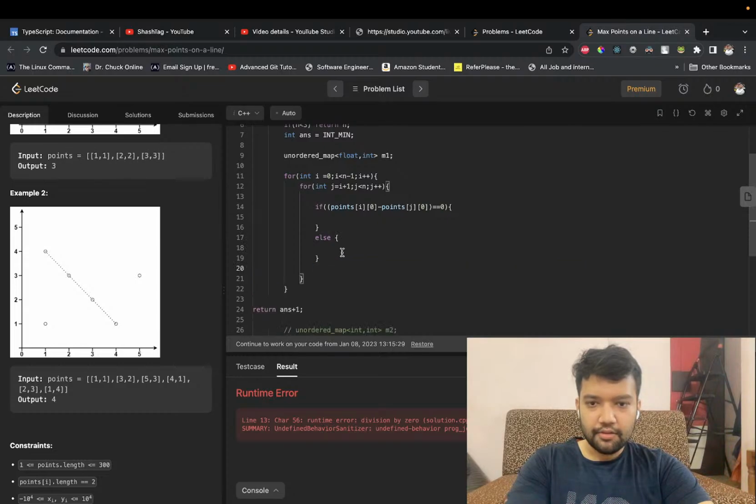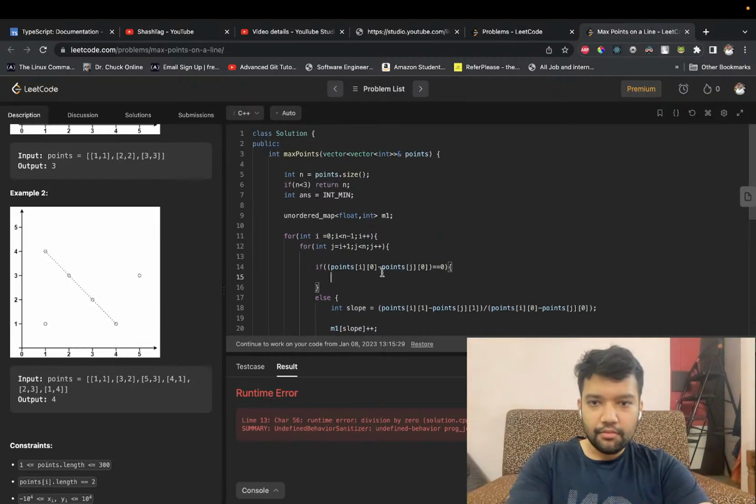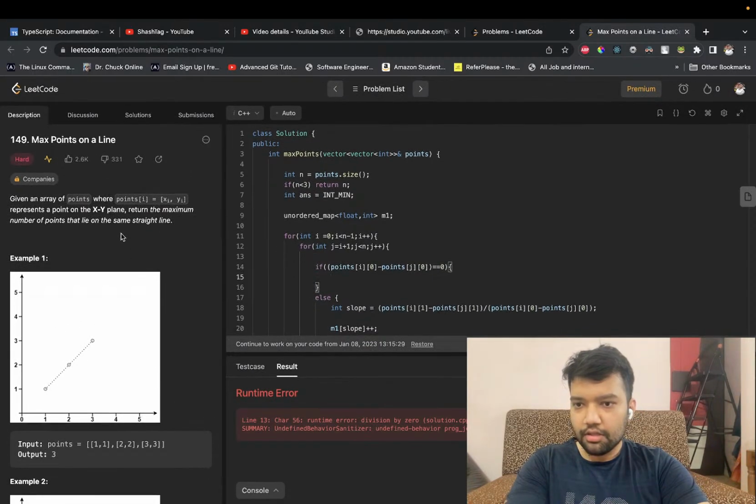Let's do all this. So when this is zero, let's make another. Are these all integers? Yep, it's all integers.